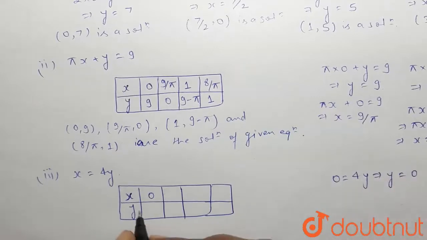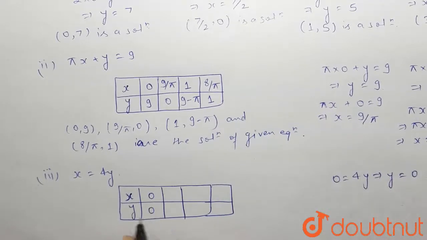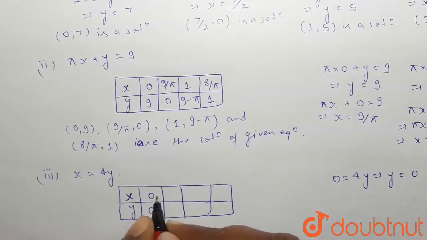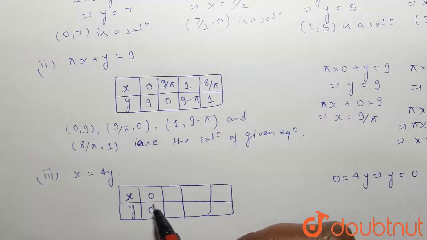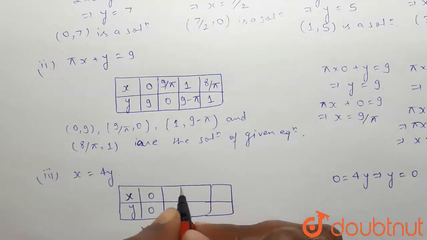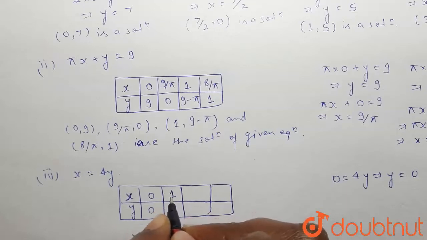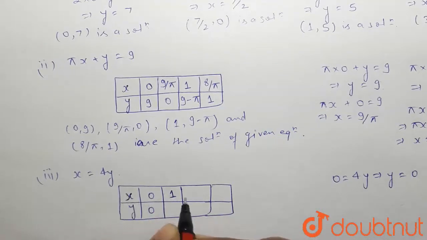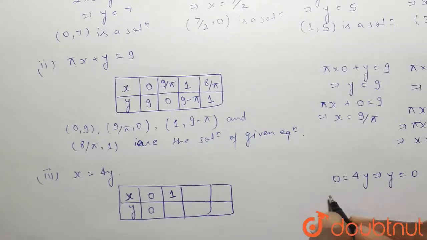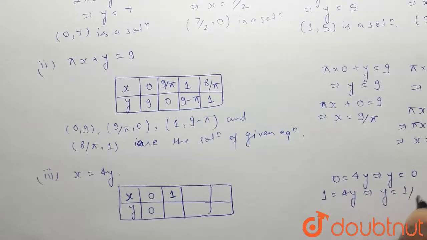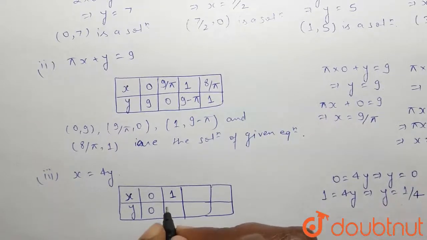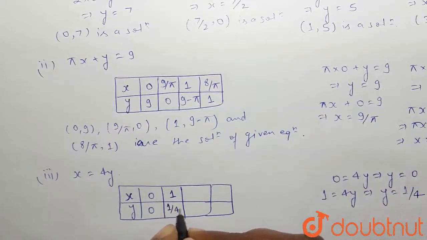So the value of y will be 0 if the value of x is 0. Now we can see that if x is 0, then y is also 0. So let's put 1 value for x to find the second solution. So the equation will be 1 equals to 4y, and this gives y equals to 1 divided by 4.